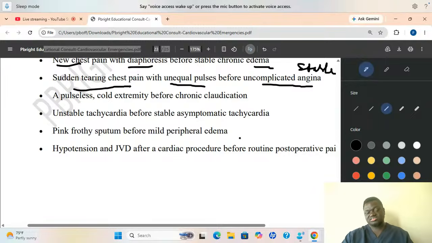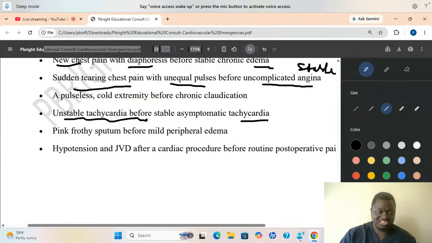Sometimes you'll be in a rush. The patient even drove himself to the hospital. He's not complaining of any pain. He came for a slight headache. If you force the blood pressure down, you will faint the patient. Unstable tachycardia, you give priority to this guy over stable asymptomatic tachycardia.